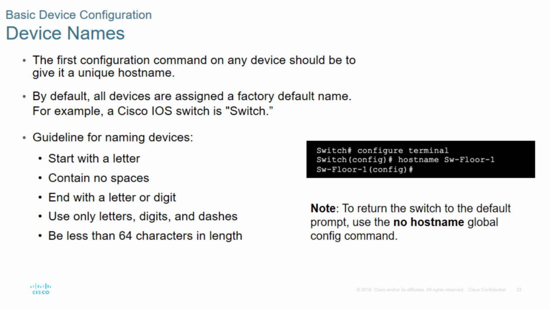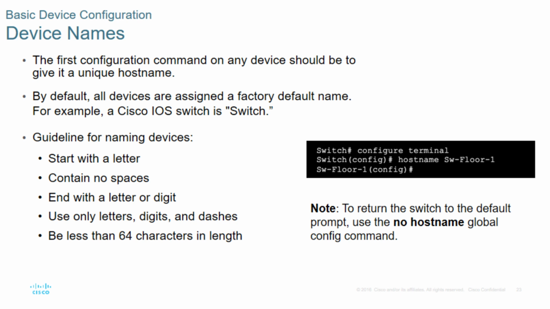So the naming convention that was used incorporated the location and the purpose of each device. Network documentation should explain how these names were chosen. So additionally devices can be named accordingly, right?